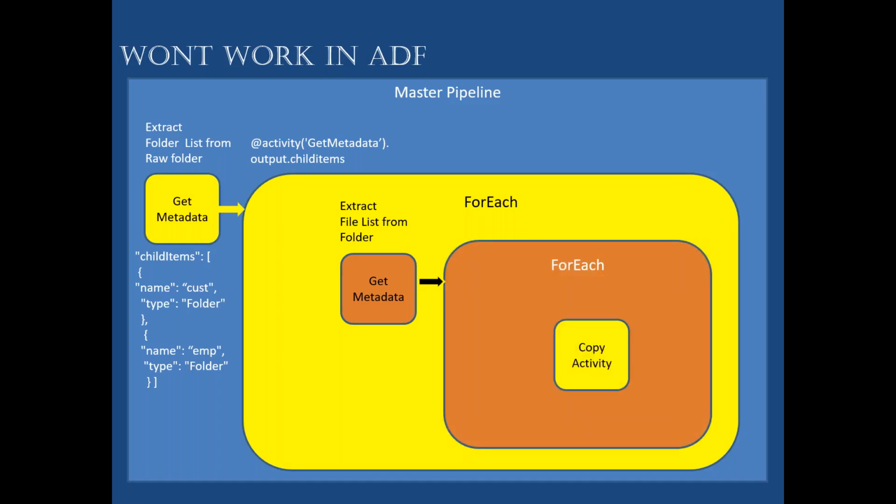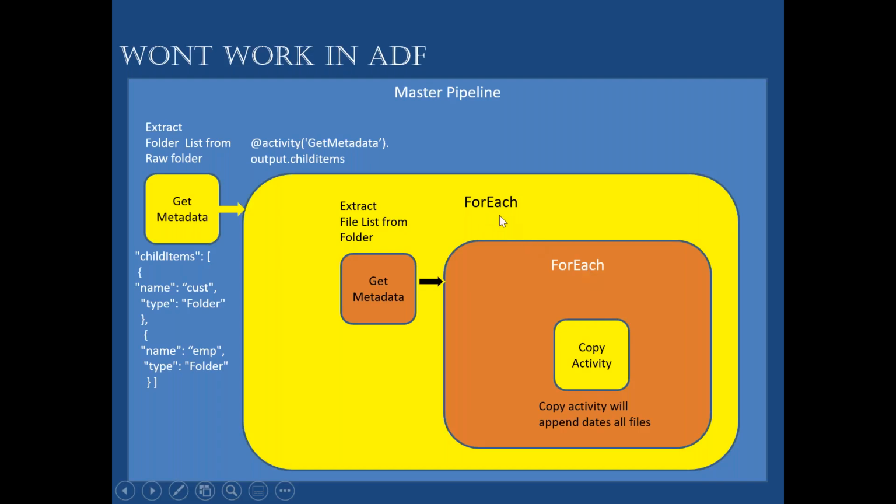Inside for each, I can simply use a copy activity, which is going to copy all the files into the target with the appended date. But this approach will not work in Azure Data Factory. That's why I clearly mentioned it won't work in ADF. What is not going to work in ADF is a for each inside a for each.